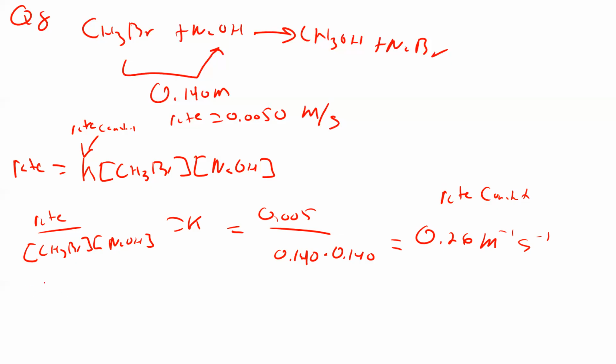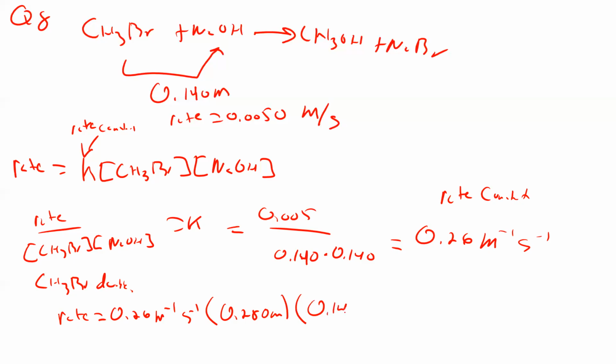So if CH3Br is doubled, then the rate equals the rate constant, which is 0.26, multiplied by this, which is doubled now, so it'd be 0.28, times the original concentration of sodium hydroxide. And this equals 0.010 molar per second.